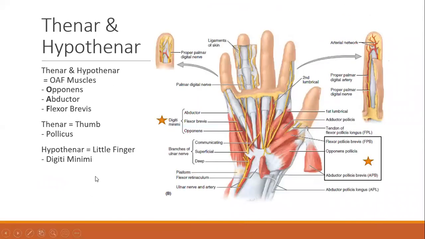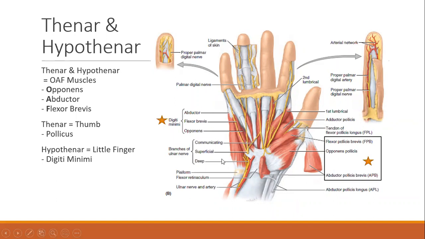Okay, so I mentioned it before, I'll go over it again. Your thenar versus your hypothenar muscles. So they both share these OAF muscles, the opponens, the abductor, and the flexor brevis. You can see here your flexor pollicis brevis, your opponens pollicis, and your abductor pollicis brevis for the thumb versus your abductor digiti minimi, your flexor digiti minimi brevis, and your opponens digiti minimi.